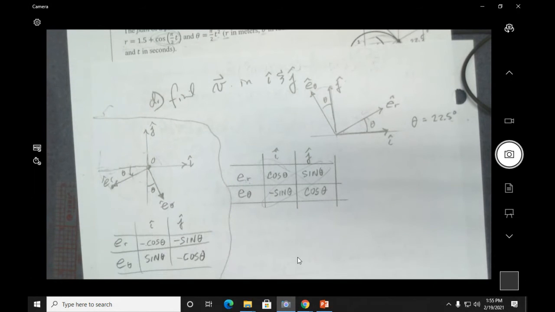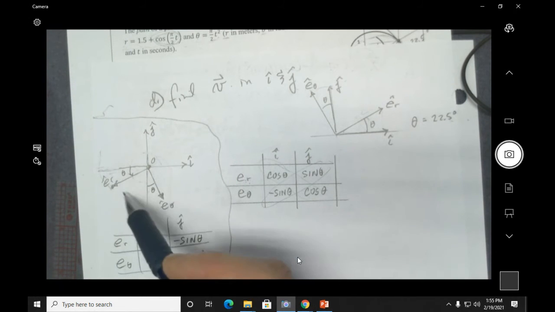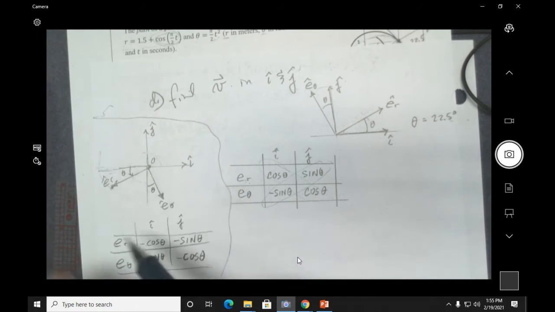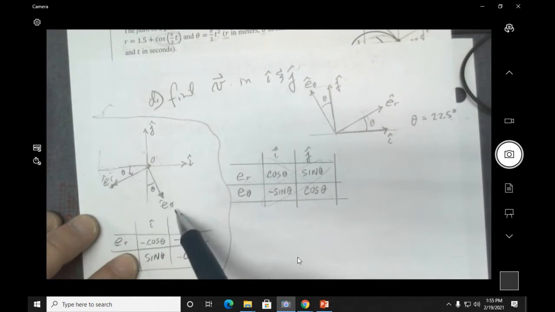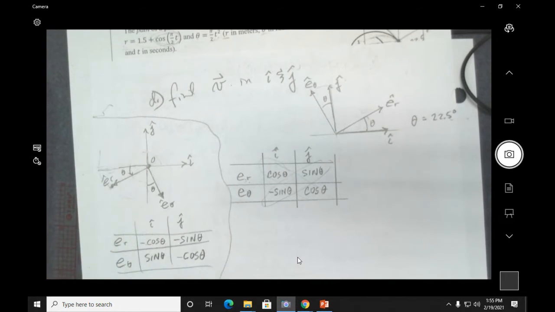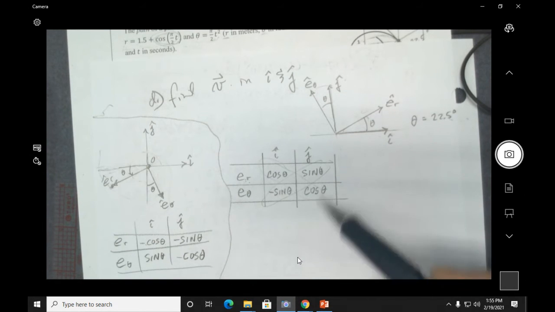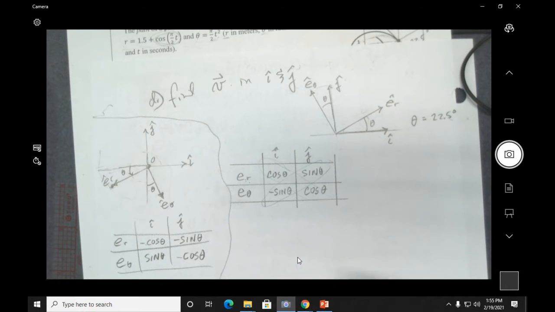Now recognize when you have normal and tangential coordinates, you might have the curvature in the other direction. So you won't always have this right-hand rule thing going on. It could be flip-flop, but you'll still have the properties that they'll be diagonal and one of them will have a different plus or minus than the others.